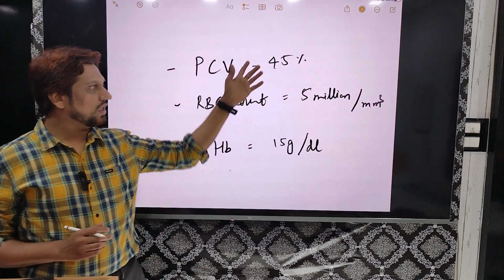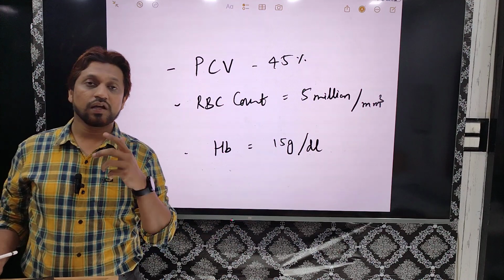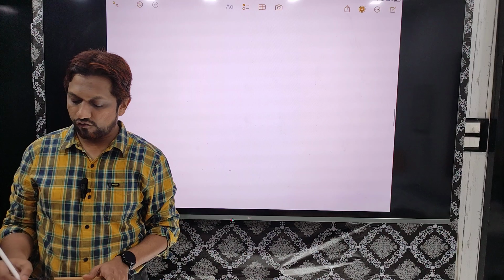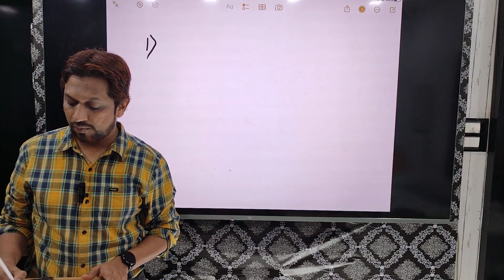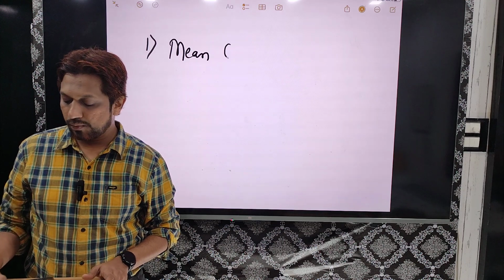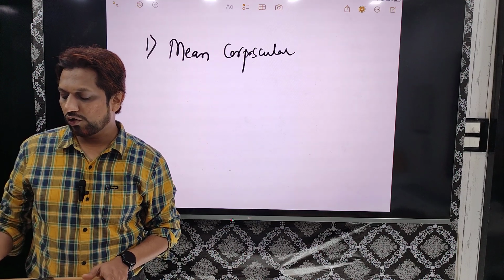Now with these three common normal values, we are going to derive the red cell indices that we are going to discuss today one by one. First and foremost, we'll discuss MCV. The full form of MCV is mean corpuscular volume.